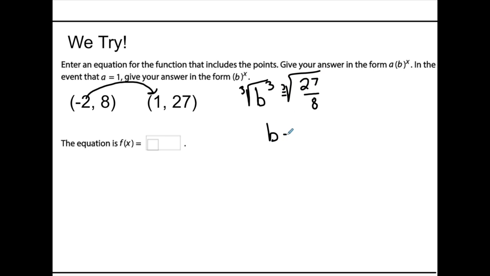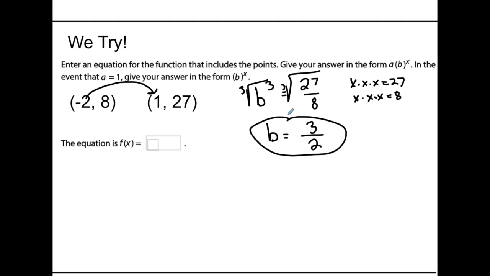So b is equal to, and what's the cube root of 27? Well, what times itself three times equals 27? That would be 3. And what times itself three times equals 8? That would be 2. So it tells us that b is going to be equal to 3/2.